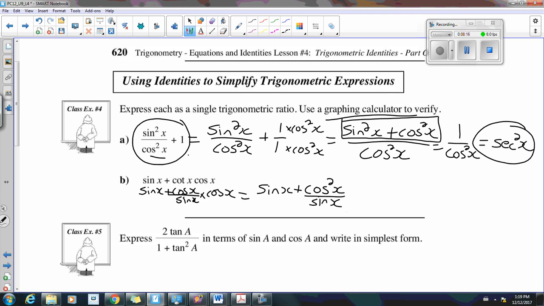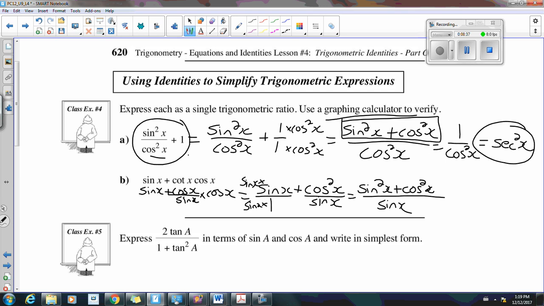Now again, I somehow need to bring these together, so I need to make a common denominator. Right now there's really a denominator of 1, so I can multiply top and bottom by sine x. This gives me sine squared x plus cos squared x over sine x.